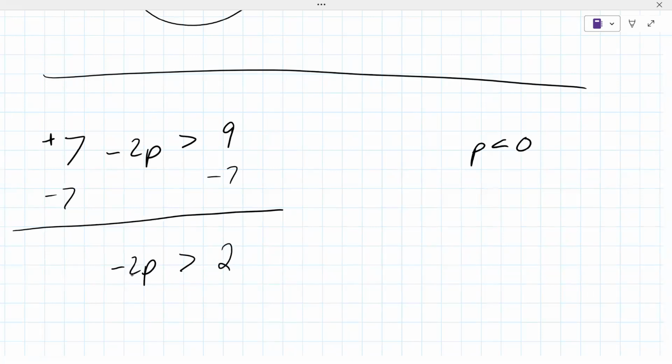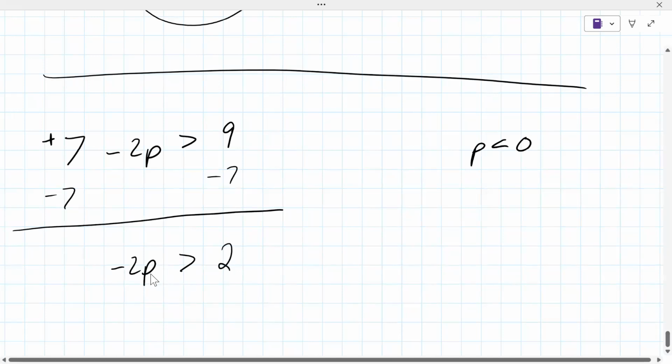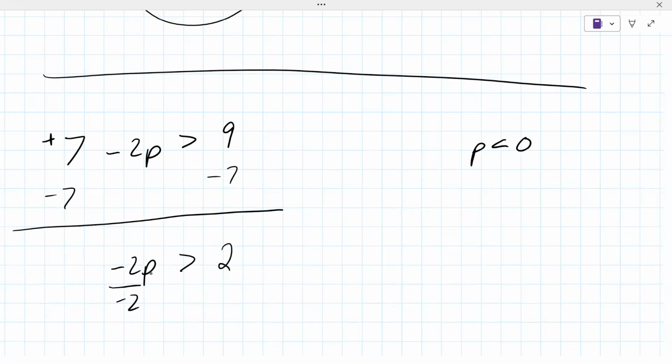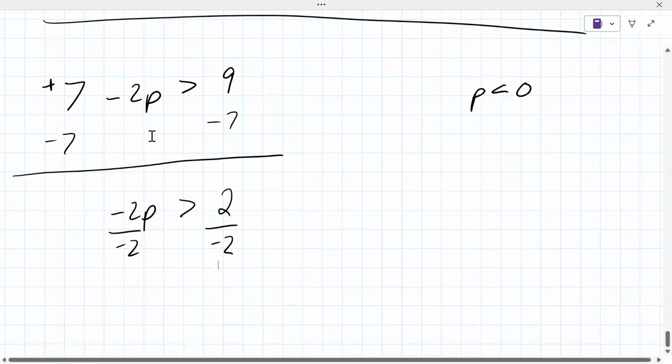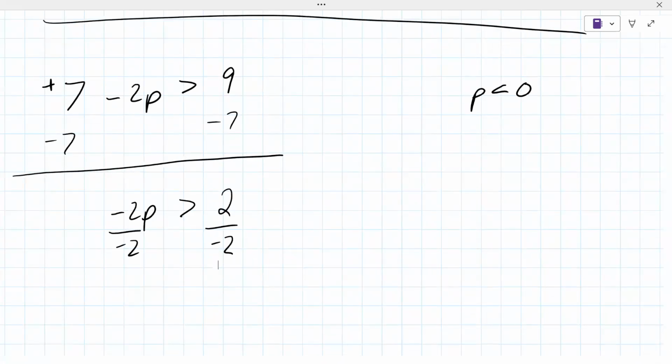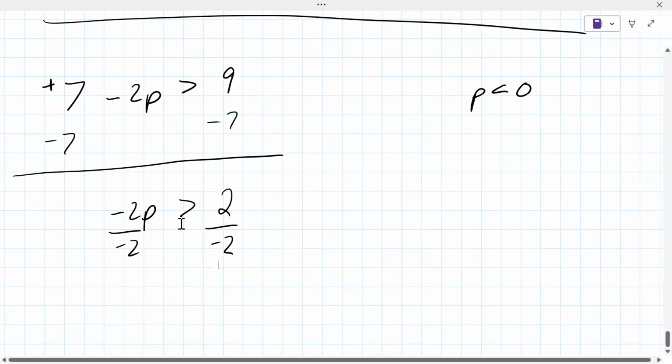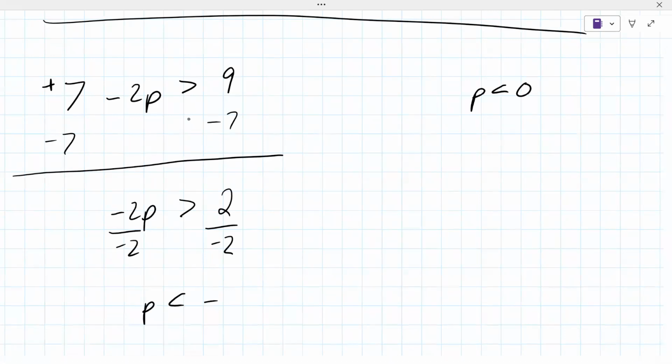Okay, is the -2 adding, subtracting, multiplying, or dividing? It's multiplying, so you undo it with division. So do you want to change your answer? P is less than -1. Yeah.